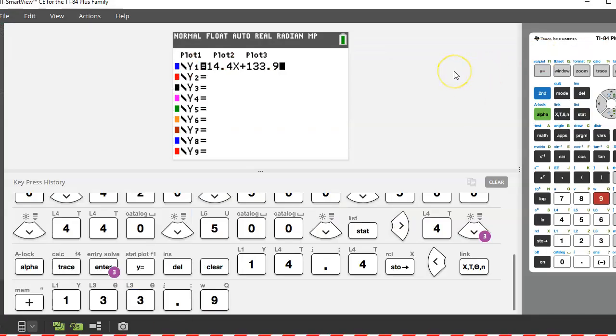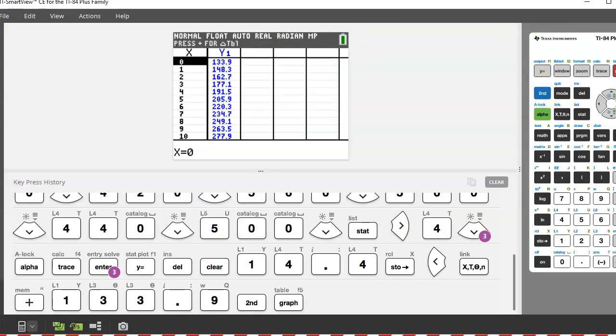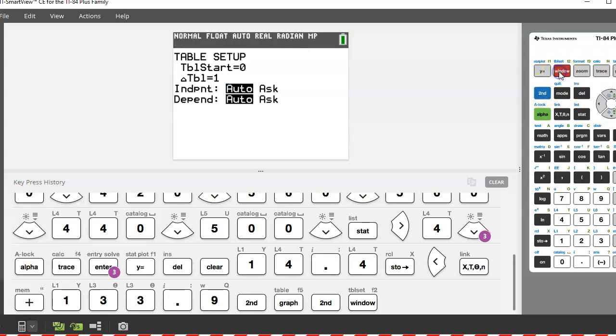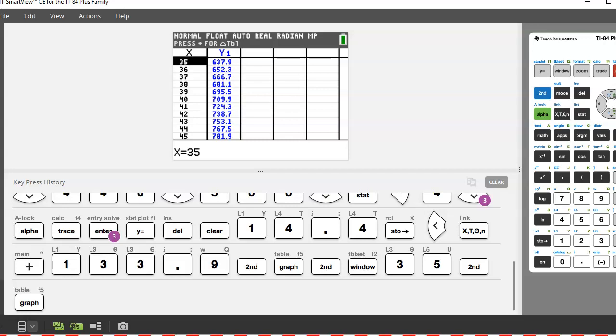Okay. So on your calculator, go into your table, and we're looking for the total calories for a sandwich with 35 grams. You can either scroll all the way down to 35, or if you hit second window, you can go exactly to 35. And you should get 637.9.